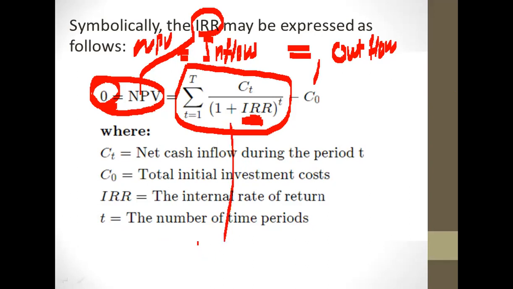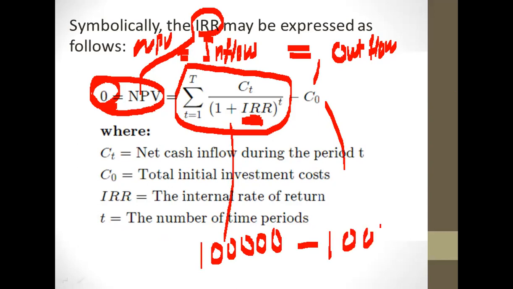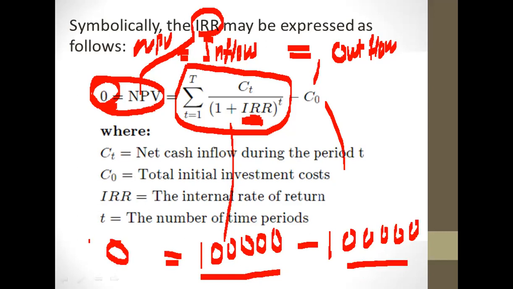Simply, in our example, suppose this is 1 lakh, and this cost is also 1 lakh. So what you get over 5 years is equal to 1 lakh, and what you spend today is also equal to 1 lakh. Then your NPV is 0. Then what is the rate of interest?